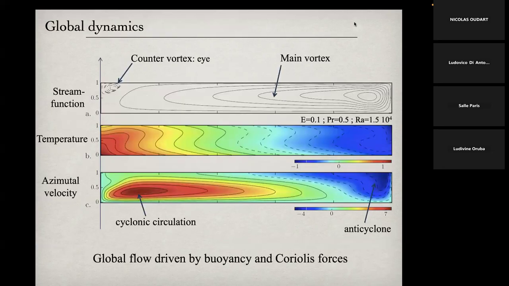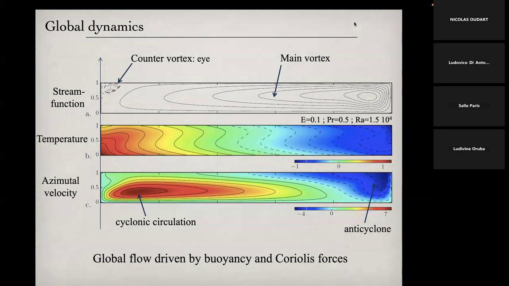Now, to understand its origin, let's first have a look at the global dynamics. On these pictures, I show you first the stream function, then the temperature, and then the azimuthal velocity. On this picture, the axis of rotation of the cyclone is on the left.